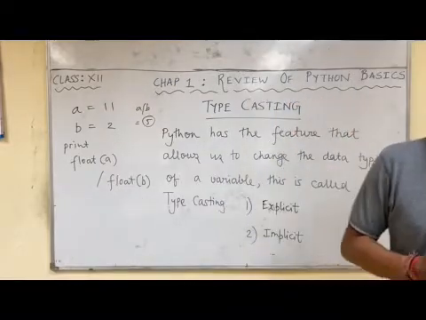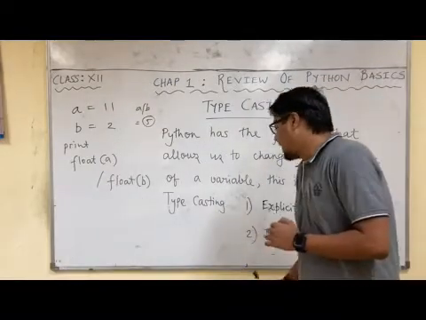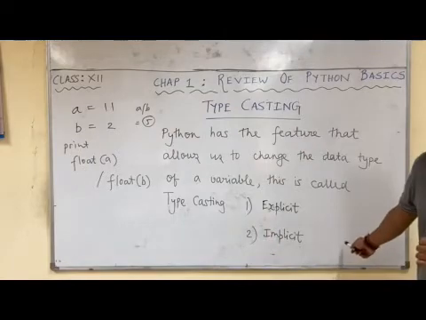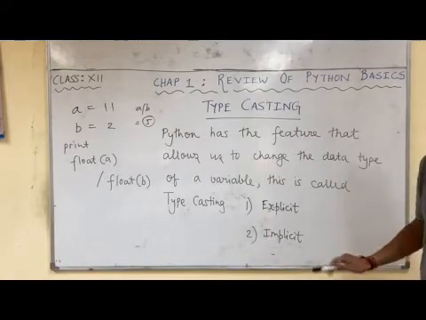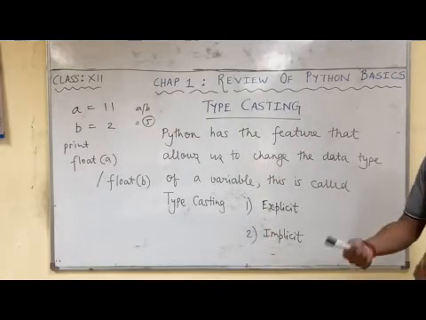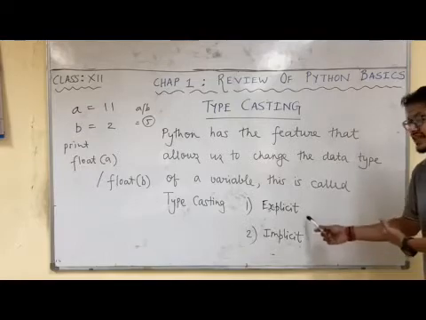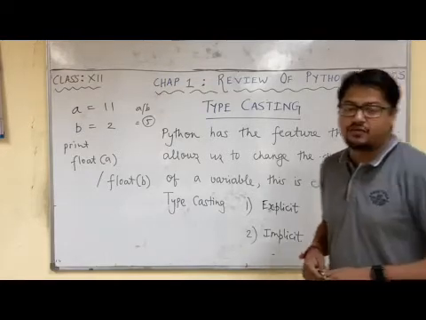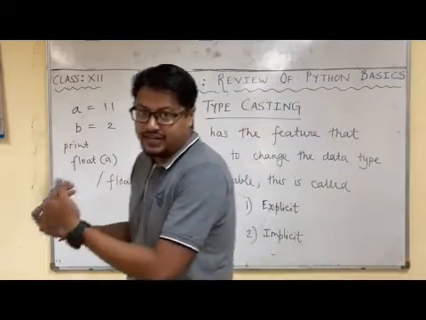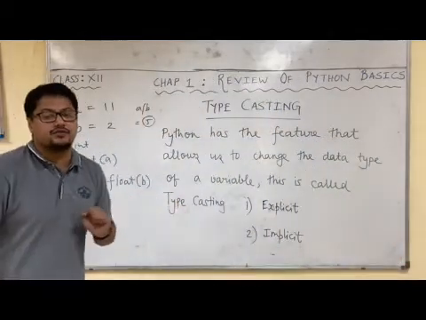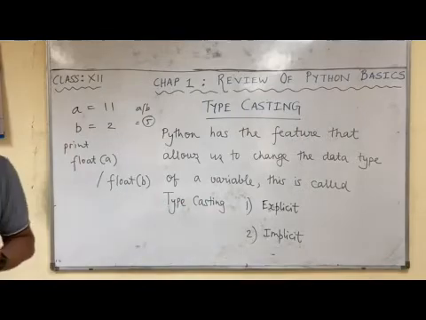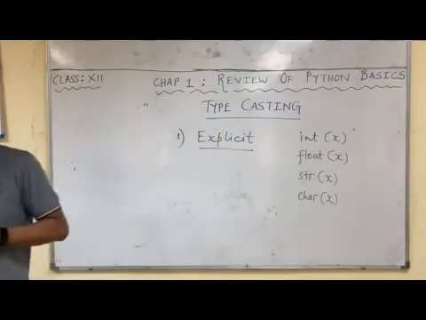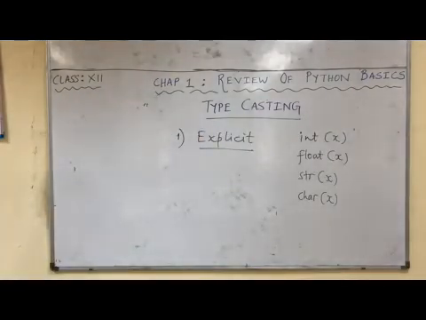That kind of conversion is called implicit typecasting. To be very simple, whenever the data type of a variable is changed by us, that is explicit conversion or explicit typecasting. Whenever the data type of a variable is changed by Python itself, it is called implicit conversion or implicit typecasting. Okay, now students, let us see explicit typecasting.